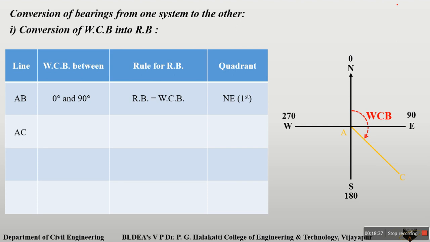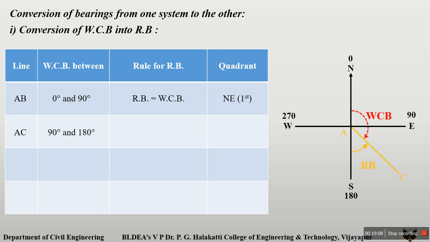So whatever the WCB value is, it is in between 90 degree to 180 degree. In that condition, if the line is present in the second quadrant, the reduced bearing is measured from the south direction to the east side. The reference is from the south to the east, like this.